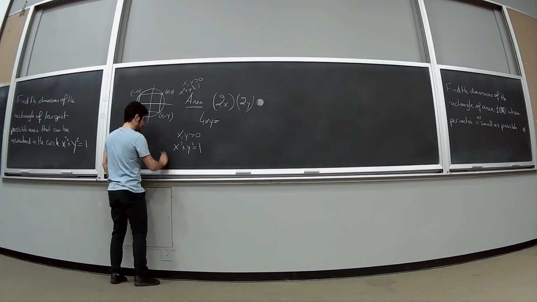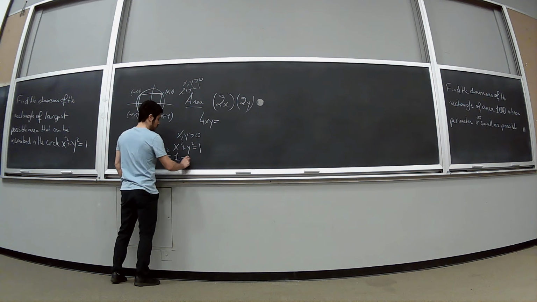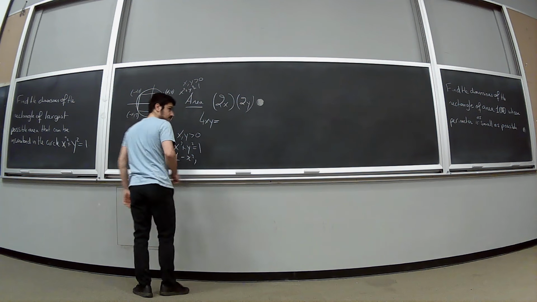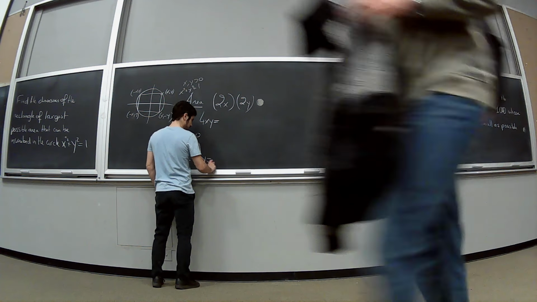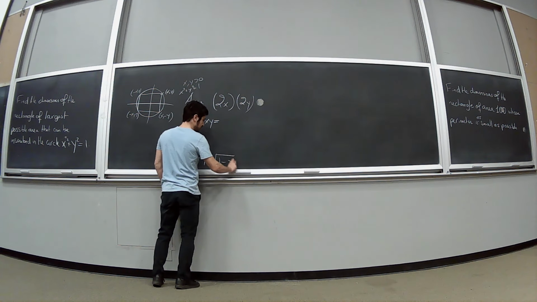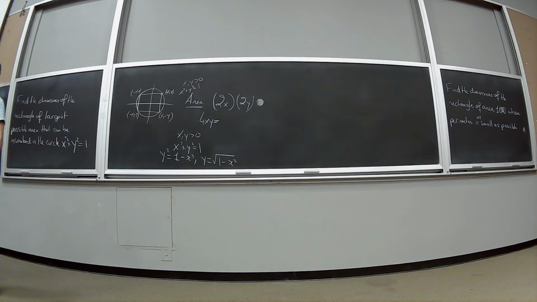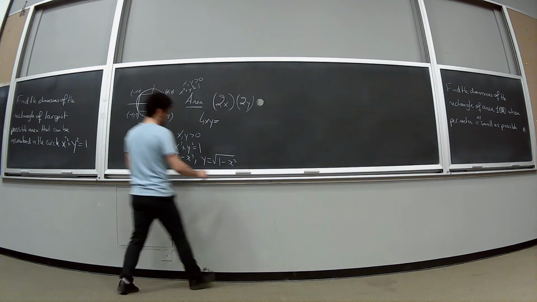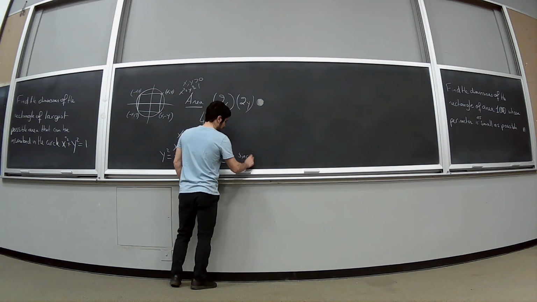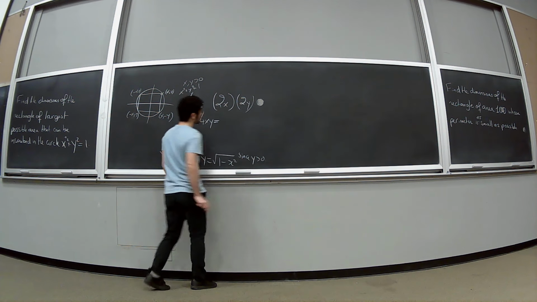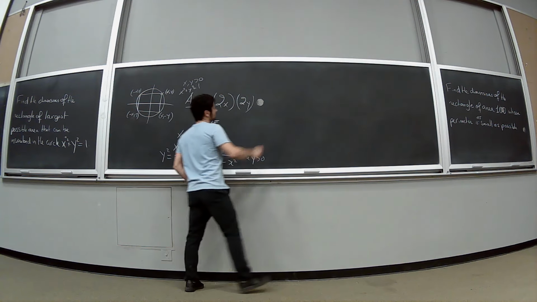So y squared is equal to 1 minus x squared, so y is equal to the square root of 1 minus x squared, since y is positive. Great.